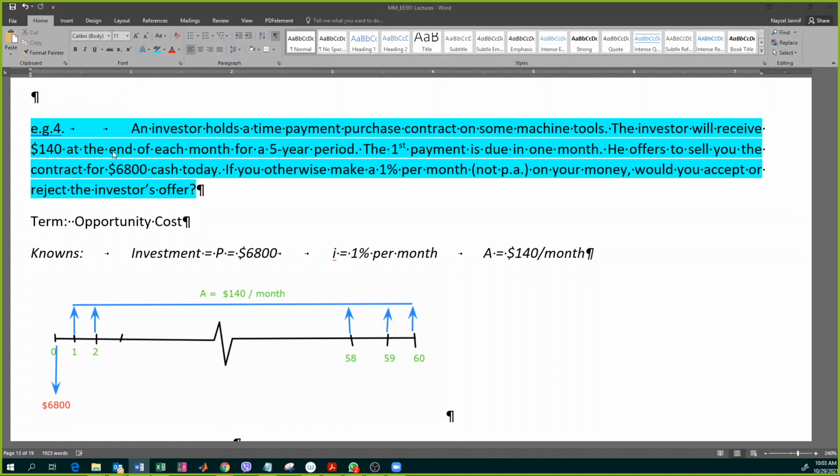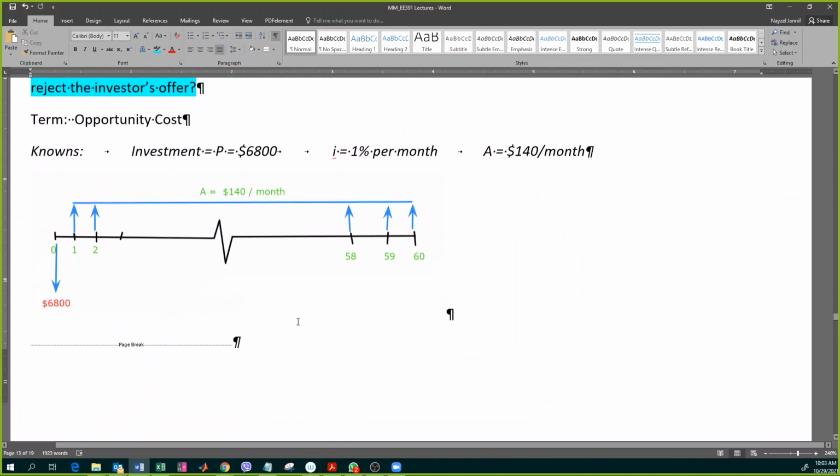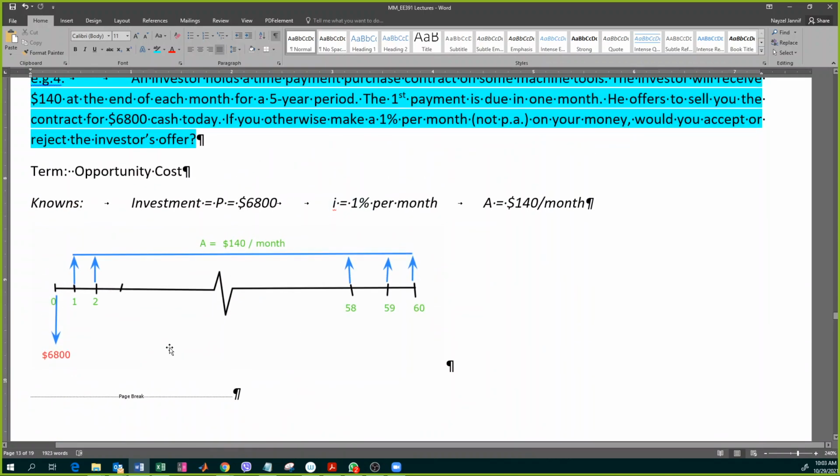Now, a lot of students would just say, what we do is 140 times 12 months times 5 years, and we will get the answer whether 6,800 is worth it or not. But remember, you've got to take into account that there is a 1% interest rate. So we now do a comparison. We do the cash flow diagram here.